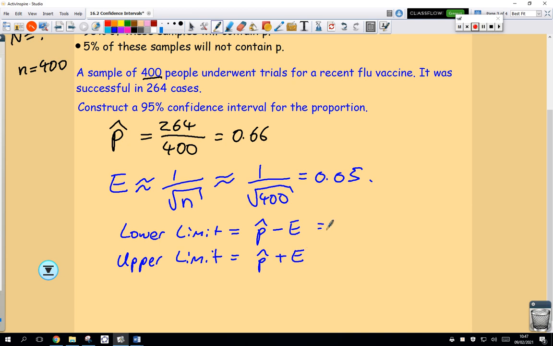So we work out the sample proportion, and we subtract the margin of error. In this case, that's 0.66 subtract 0.05, and that'll work out as 0.61. And then we look at the upper limit, which will be 0.66 plus 0.05, which in this case would be 0.71.